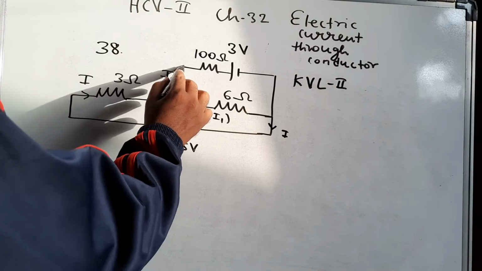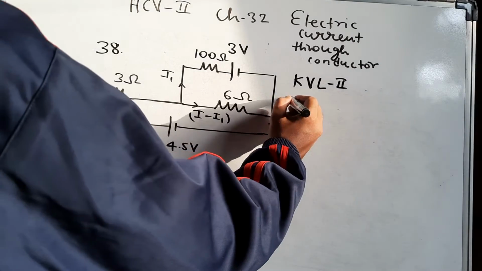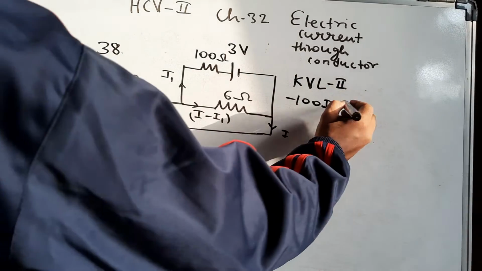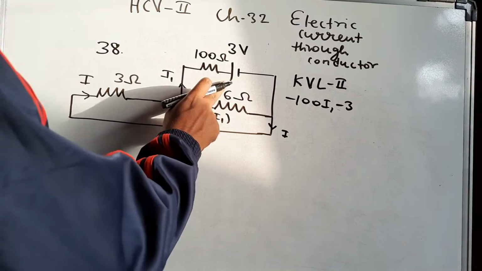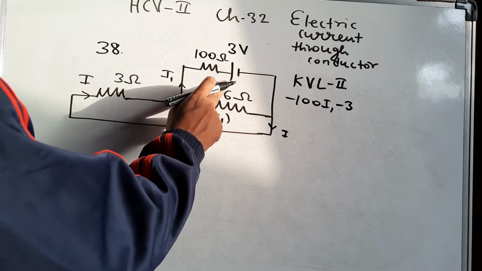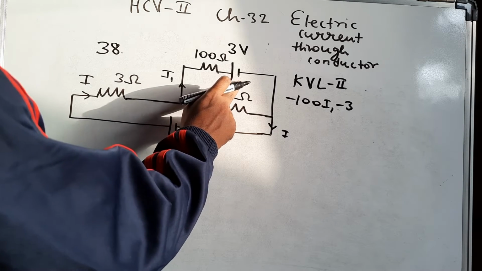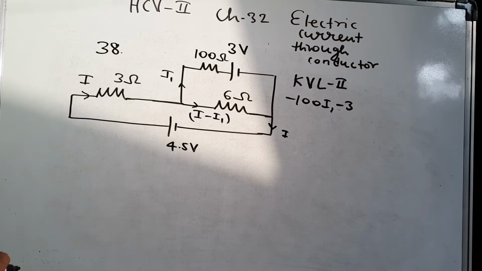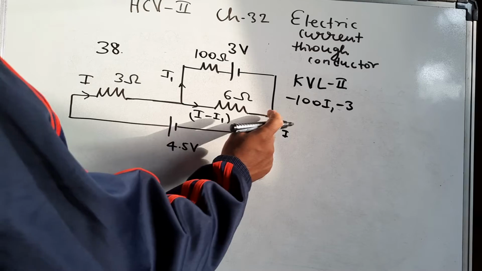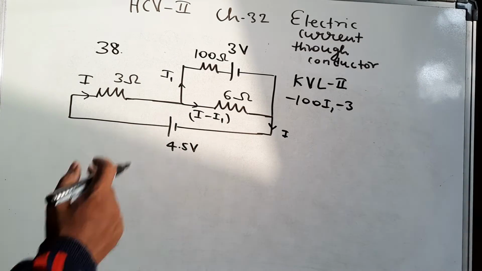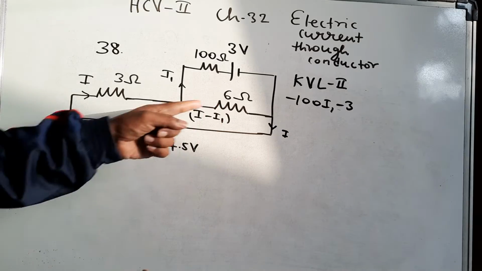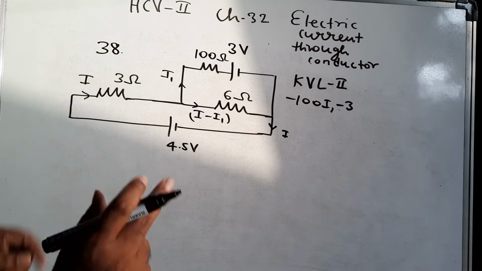From here to here no change, from here to here it is minus 100 I1, from here to here it is minus 3, higher potential, lower potential. The change in potential due to EMF is 3 volt, so minus 3. Then from here to here we are going against the current, so potential is increasing. Potential increases against the direction of flow in the resistance, not in the cell.